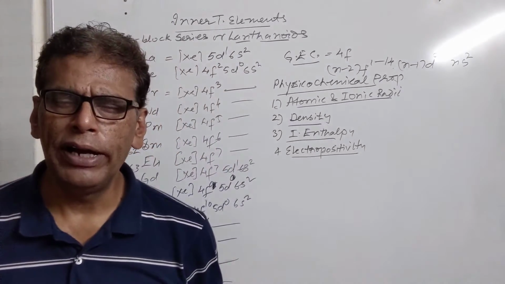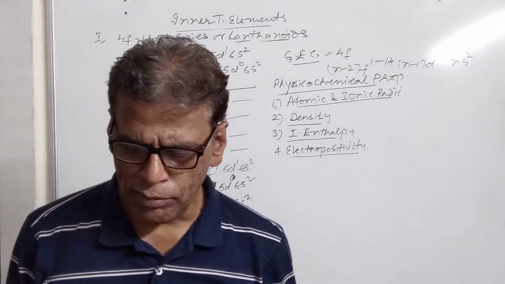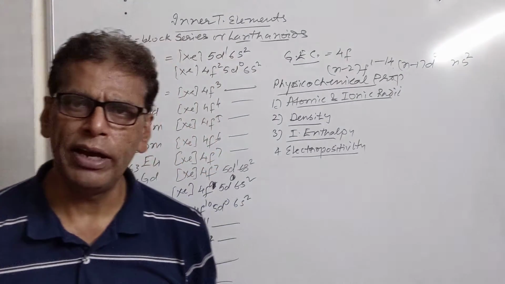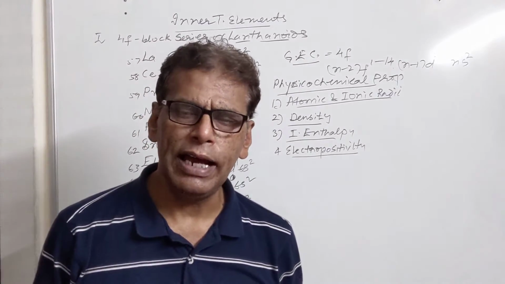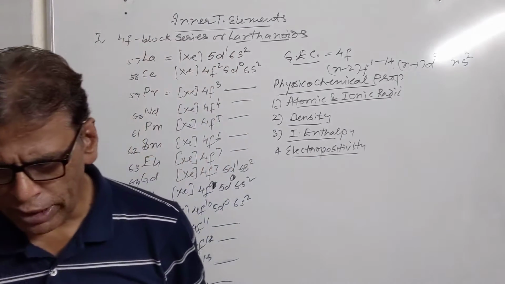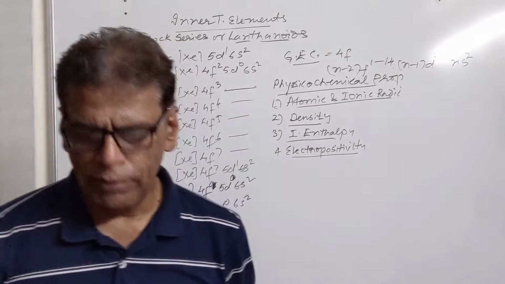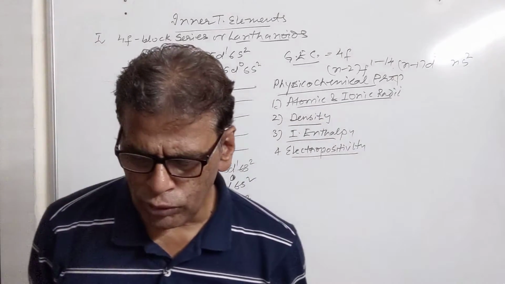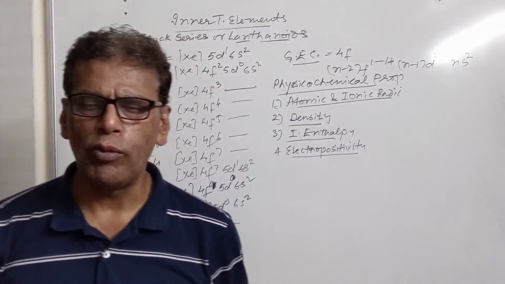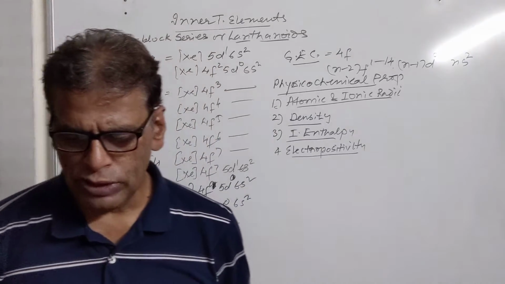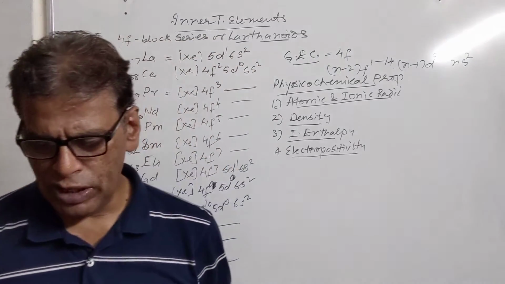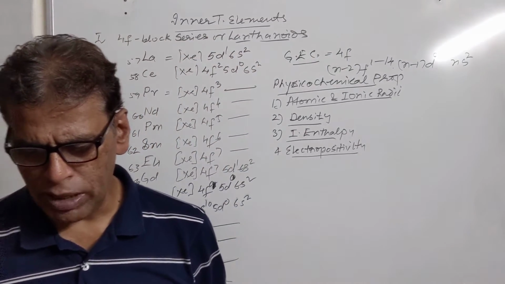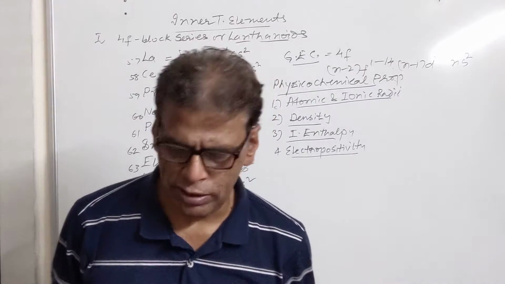Melting and boiling points: they possess high melting and boiling points due to strong metallic bonding and participation of n-2f subshell electrons in covalent bonding. Then we have solubility. Their oxides, hydroxides, carbonates, chromates, halates, oxalates are insoluble in water, but their halides, acetates, perchlorates are soluble in water.